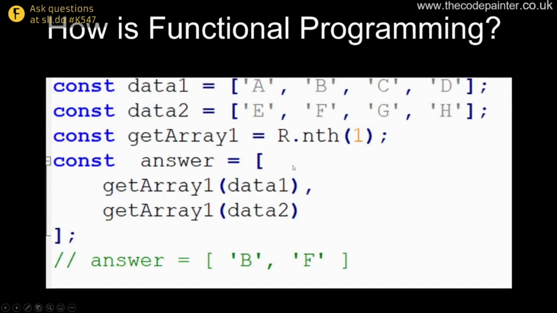And I'm forming an array down here, which is a call to getArray1 with data1 fed in and data2. So I'm reusing the exact same code to fetch the first item out of each. So we end up with an array at the end, which is a B and an F, a B from this one and F from this one, and have defined in one position what the logic is for turning my array into the data that I want.